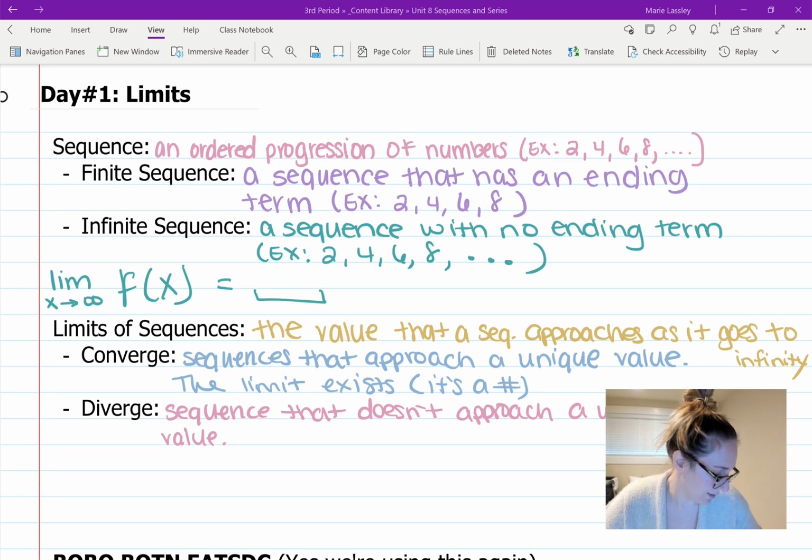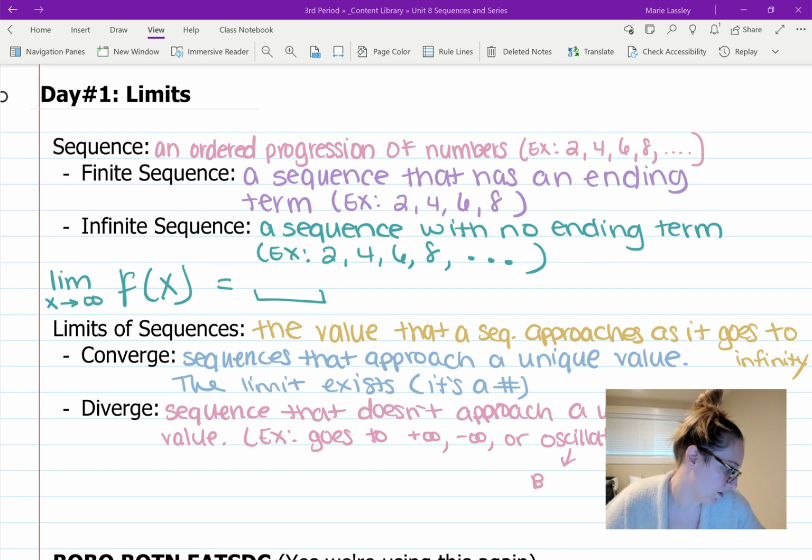It goes to positive infinity, negative infinity, or oscillates, bouncing between multiple values.